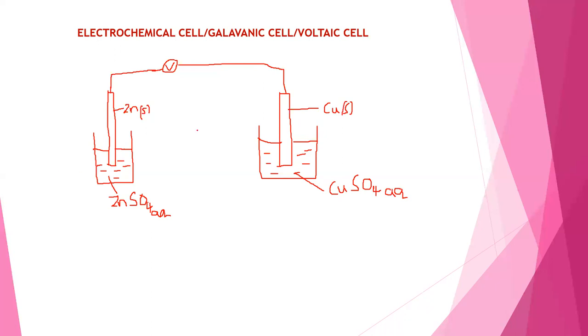Then for the balance of the charge, the two solutions are connected with what we call the salt bridge. The salt bridge provides the balance of charges, which we are going to explain later. So that is our salt bridge.